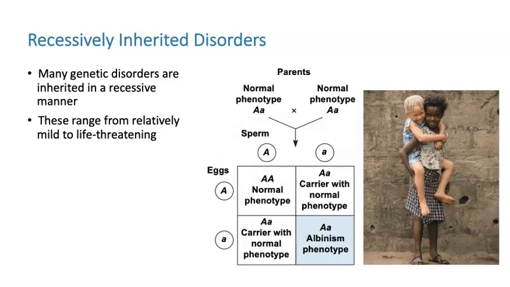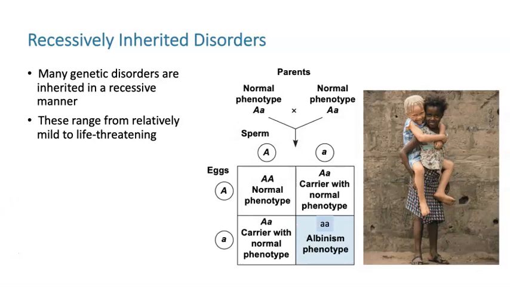If you have the dominant allele, you're going to make melanin. If you have the recessive allele, you're not going to make melanin. And it doesn't matter if your other alleles code for really dark skin or medium skin or light skin. If you've got little a, and oh, here's another typo. I'm going to fix that for you right now. Sorry about that. So if you have the little a, that means you'll have albinism.